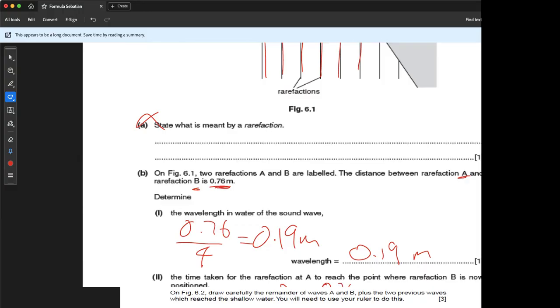Frequency times the wavelength, lambda, which is going to be 0.76 divided by 7,800 multiplied by 0.19. Then you press in the calculator, you'll get something.